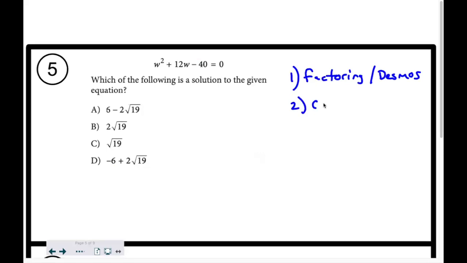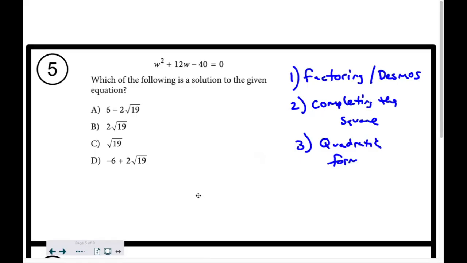When that doesn't work, I would try completing the square. And I'll explain, even though we know Desmos will always work, it's not always going to be useful, as I'll explain in this problem. And then our last-ditch effort is the quadratic formula. It's our hierarchy of solving quadratic equations.